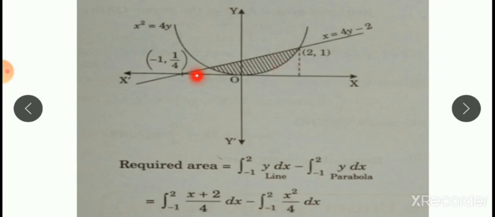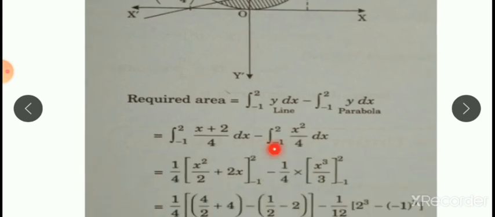Again limits are minus 1 to 2, but these two areas are covered by this graph and x-axis with x equal to minus 1 and x is equal to 2. Therefore minus 1 to 2, equation of graph, that is x square by 4.